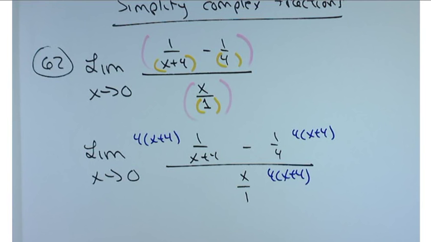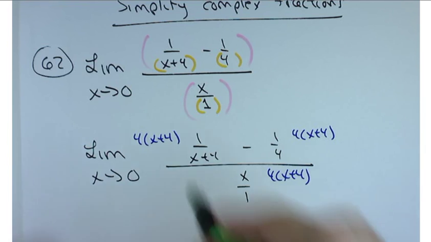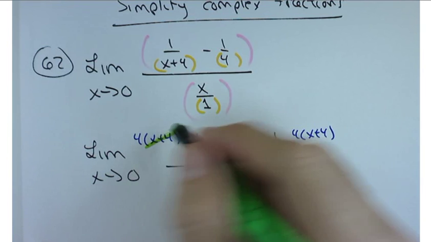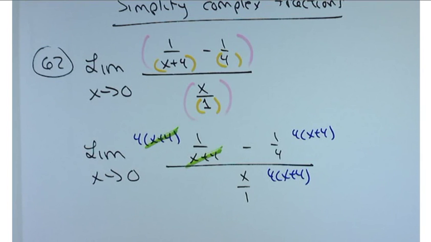The nice thing is that we're going to get some cancellation. So, the question is, what's going to cancel? Well, right here, the x plus 4 cancels. Over here, the 4 cancels. Do I get any cancellation in the denominator?